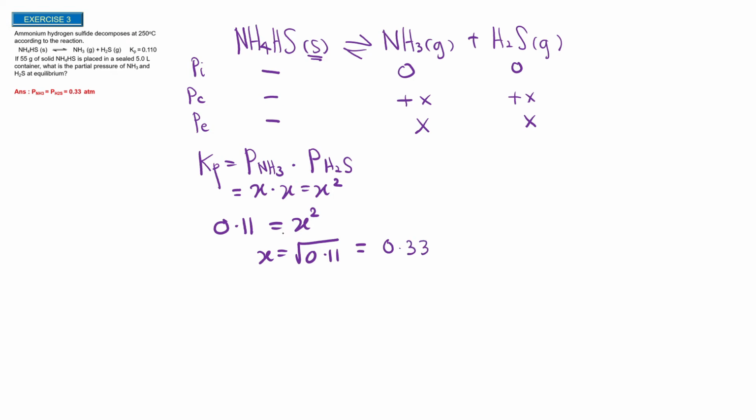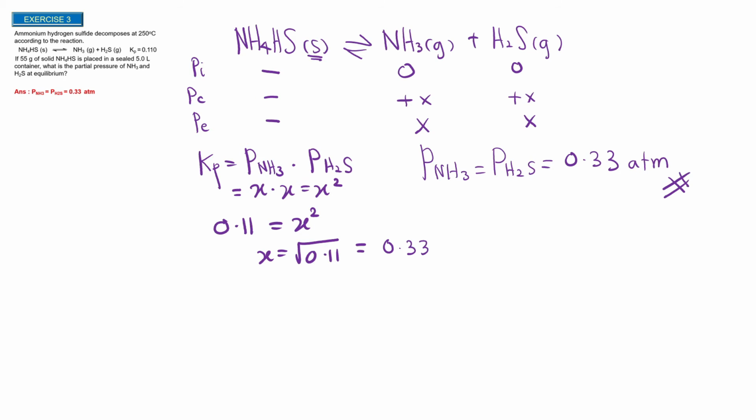So 0.33 is the value of X, and X is in atm. So the partial pressure of NH3 equals the partial pressure of H2S, equal to 0.33 atm. Okay, that's all for question number 3.